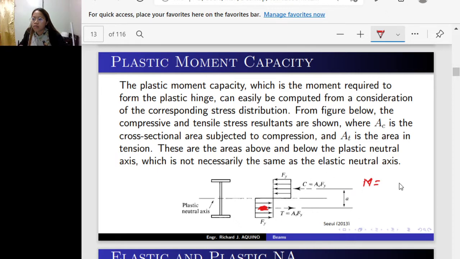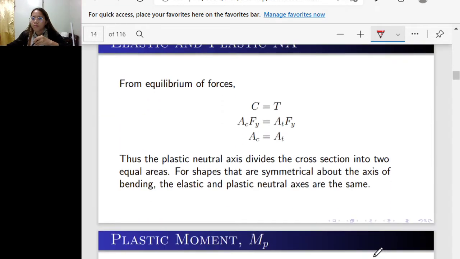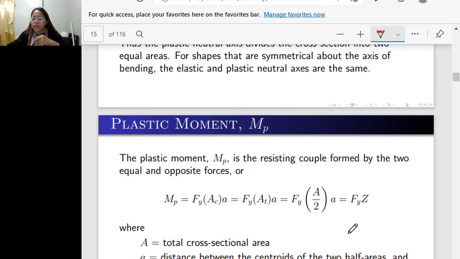But C is equal to A sub C, the area subjected to compression, times the yield strength. This is just force times the moment arm, which is equal to a, as can be seen in this figure. So the M sub P, or the plastic moment, is equal to the yield strength times the area subjected to compression times the distance.